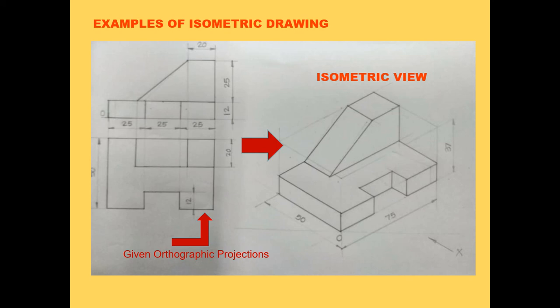So very simply, when we deal with the problem of orthographic projections, generally the isometric view is given, and from that we are supposed to draw the orthographic projections. But in the case of isometric view, the orthographic projections are given, and from that we are supposed to draw a three-dimensional view, which is the isometric view.